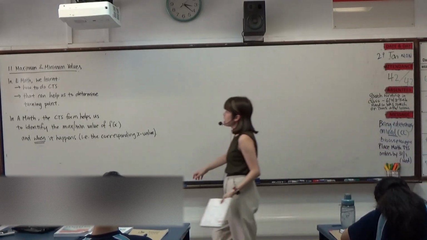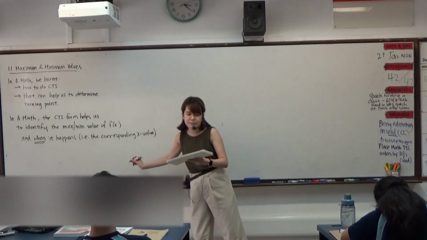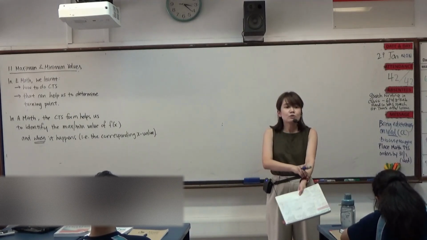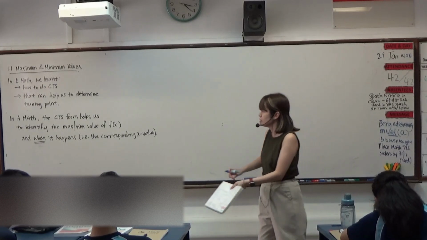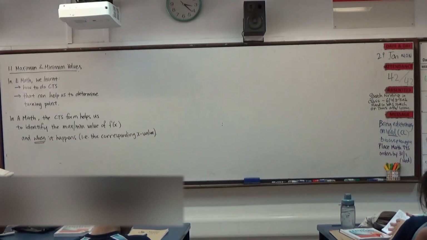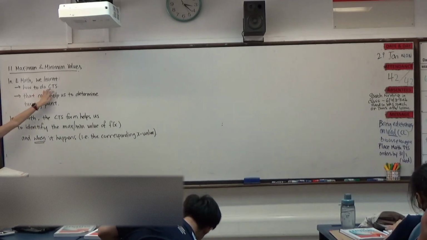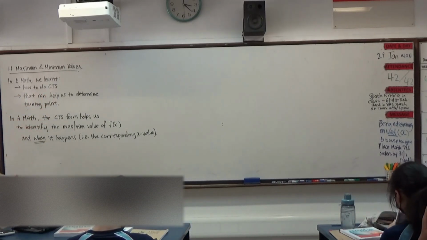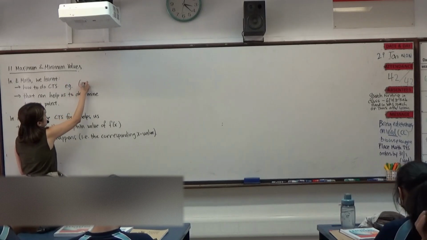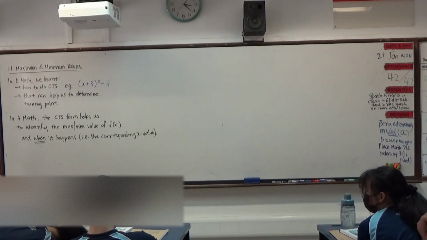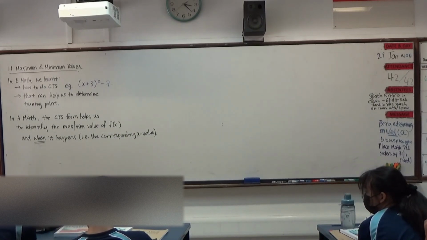Alright, let's start. Today I must finish chapter 1.1. Let's do a very quick recap of what we have learned in 1.1. In E-Maths, we learned how to do completing the square. That's what CTS means. The completed square form helps you to determine the turning point. In this particular case, what's the turning point?